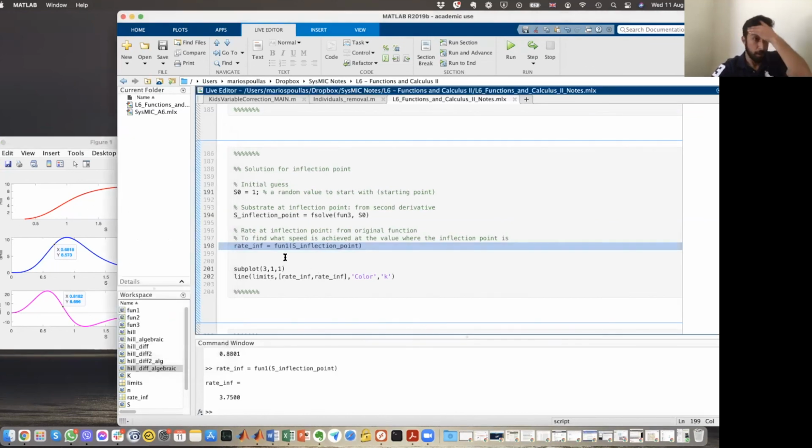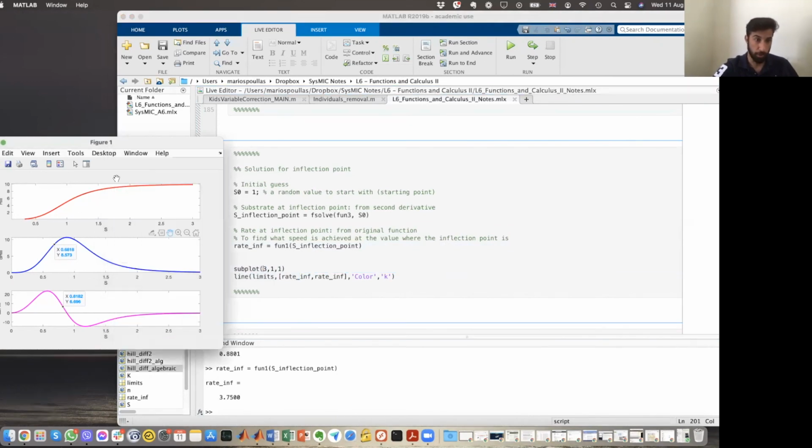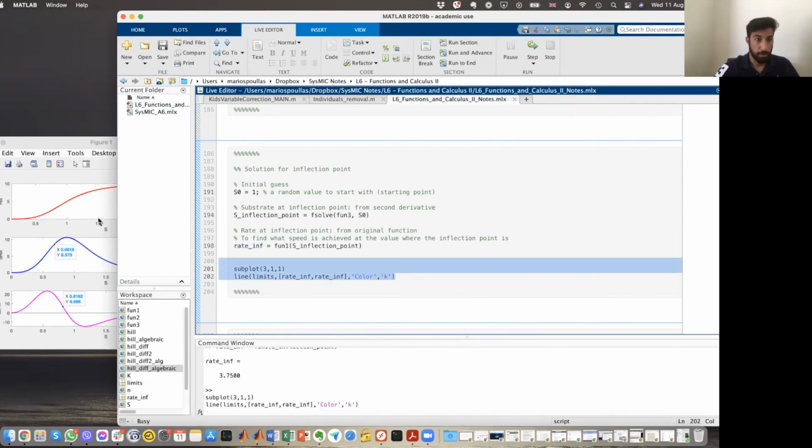And in order to see that, I'm using subplot 3,1, which is the first one, and I'm plotting a straight line at the rate of inflection. So you can see it here.